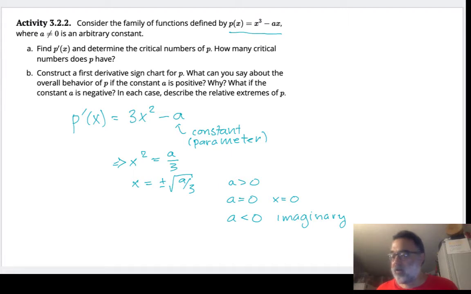Okay, so if we think about the first derivative sign chart, they're talking about this case where a is positive and we have two places. So we get a parabola opening up. We've got these two roots. And it's a pretty steep parabola.